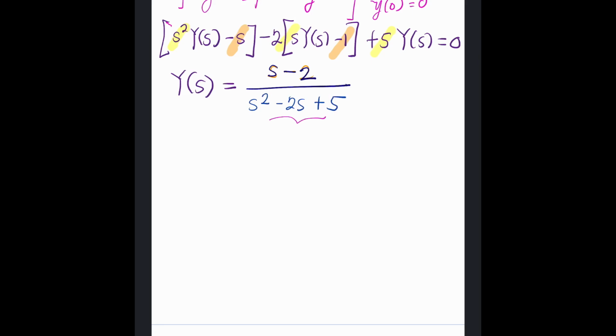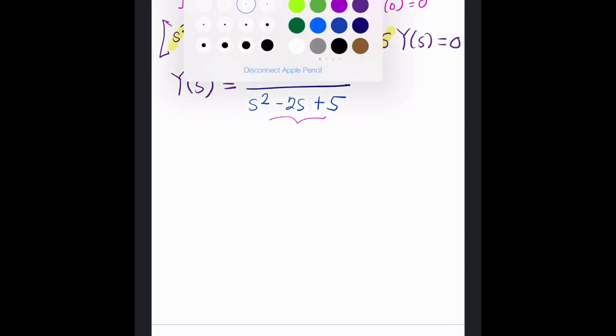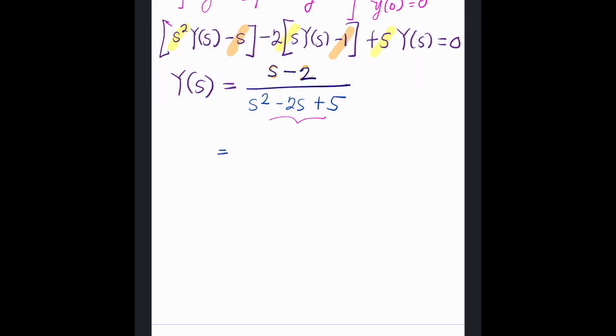What are the factors of 5, 5 and 1, that will result in a sum of negative 2? There's none. Therefore, we have to write this by completing the square. If you recall your algebra, this must be s minus 1 quantity squared plus 4, and the numerator is s minus 2.